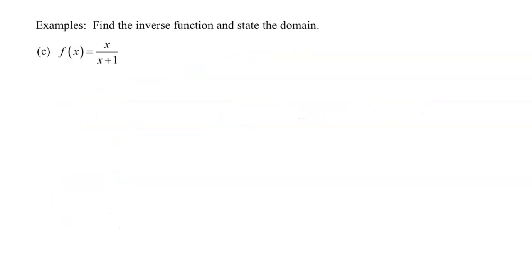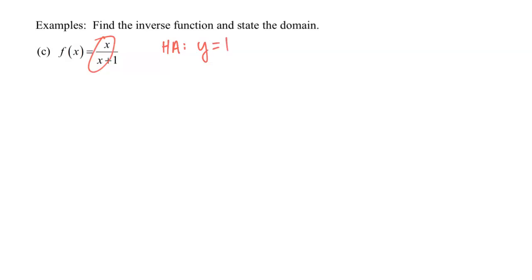Okay, letter C is going to be a little bit more complicated because it's a rational function, and so to find the range of this, we're actually going to find the horizontal asymptote. So the horizontal asymptote of this particular function, using bottom-heavy... I notice that I have an x over an x, and so that's going to give me y is equal to 1.